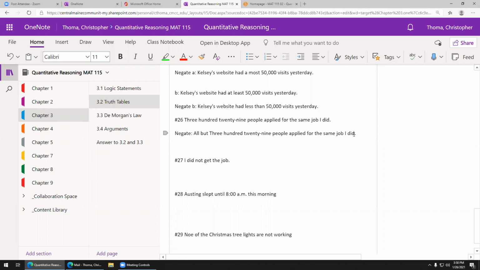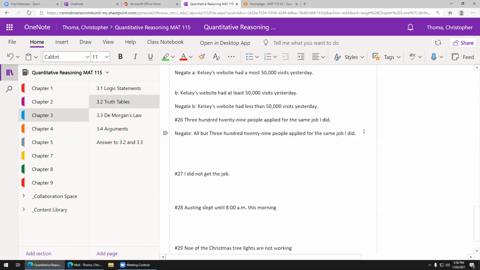And so the book's answer, which I don't like, I'll be honest: 329 is not the number of people who applied for the same job I did. That just doesn't sound grammatically good, though my statement didn't sound much better either.